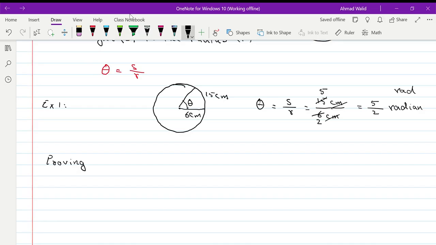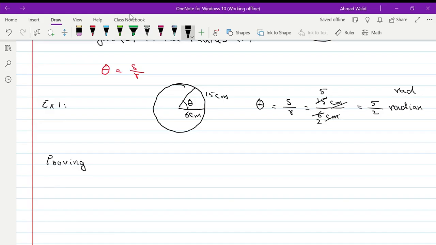That's why I want to do a proof here to show why it's important, and it helps you to understand and to learn the converting formula to convert from degree to radian or radian to degree.